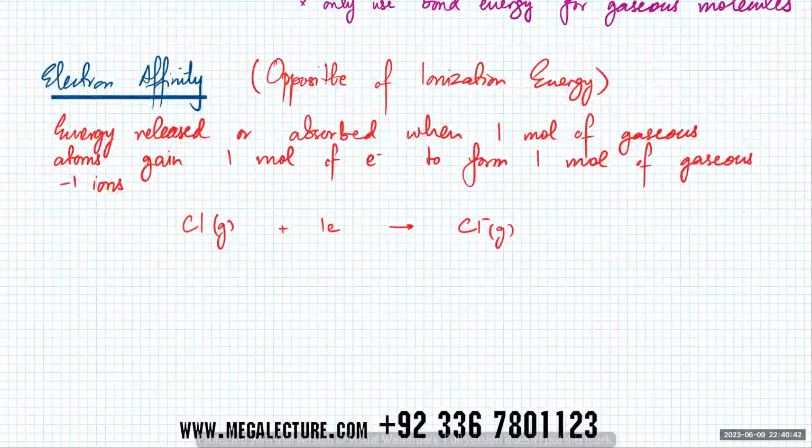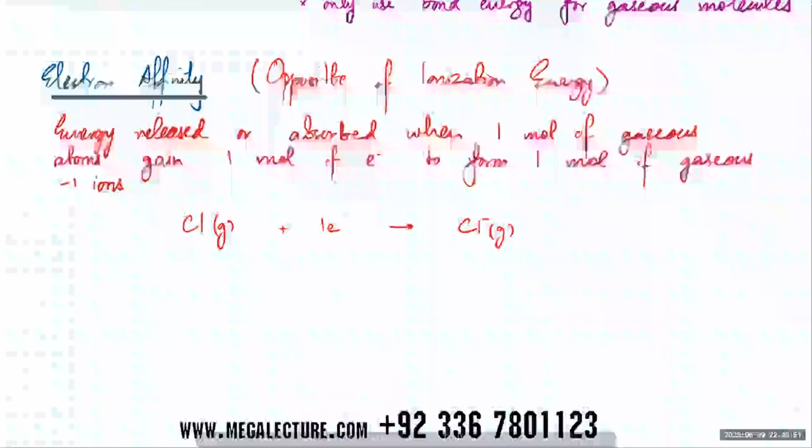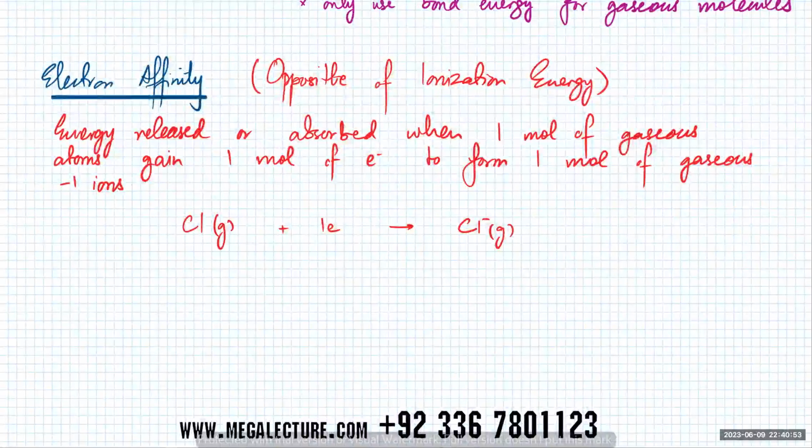Like even the 10th and the 11th. Usually in electron affinity, you just talk about those electron affinities which apply to the element. For example, for Cl, you'll only be talking about the first electron affinity, not the second one, because Cl usually just gains 1 electron. For oxygen, you'll be talking about the first and the second.